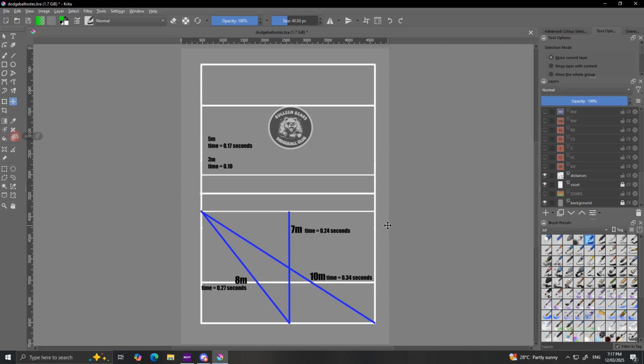So as you can see with the 10 meters one, 0.34 seconds. That's actually not too bad. Like that is a reactable throw, right? That is something that we can consistently catch, and that's why we don't like in isolation big crosses, right?